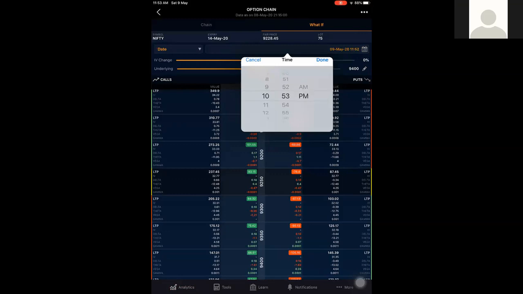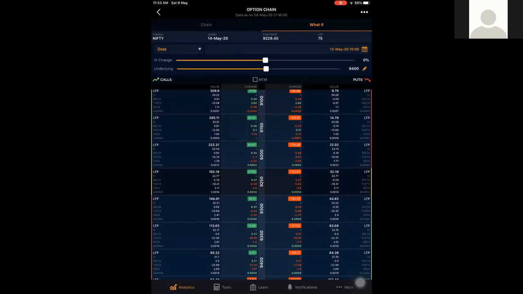Say we are evaluating at 10 a.m. What will happen to my position on 13th May at 10 a.m. when the Nifty goes to 9400? My 9300 call is up by 25 rupees against the 76 move which we could have seen on Monday. It is up 25 and the premium is 146.